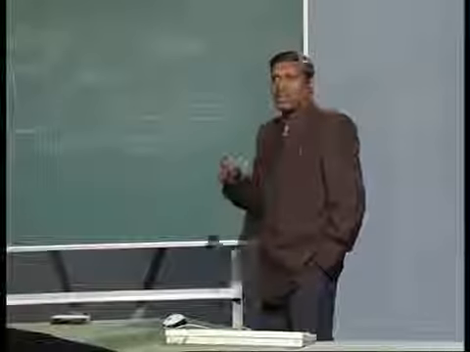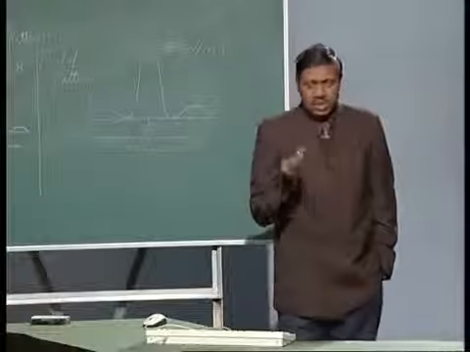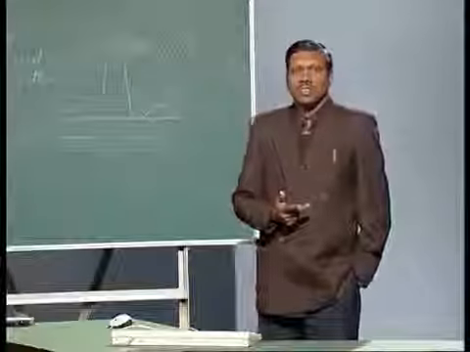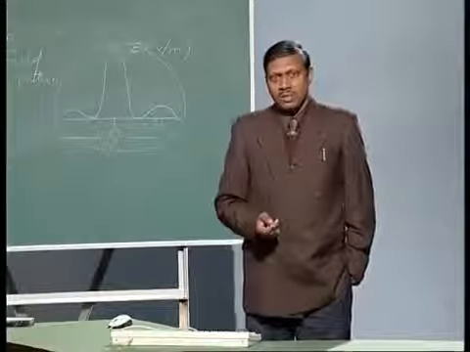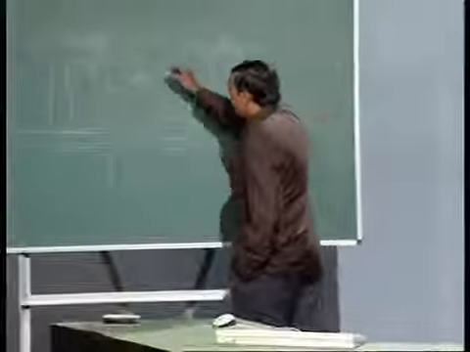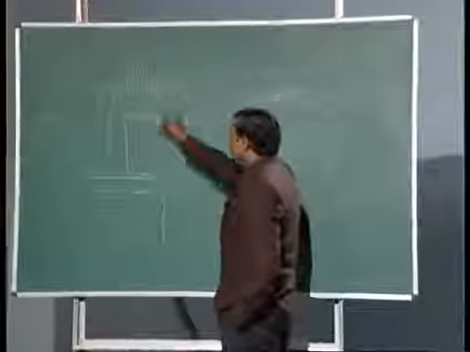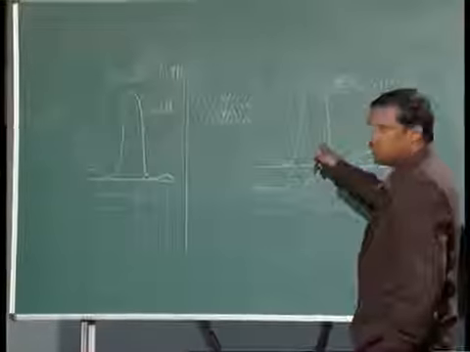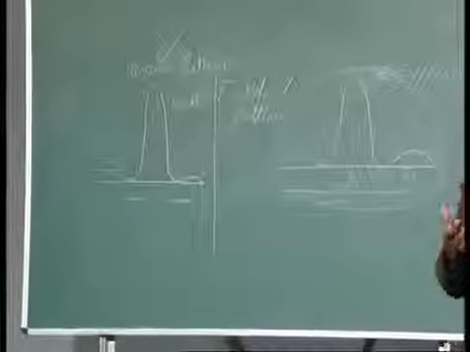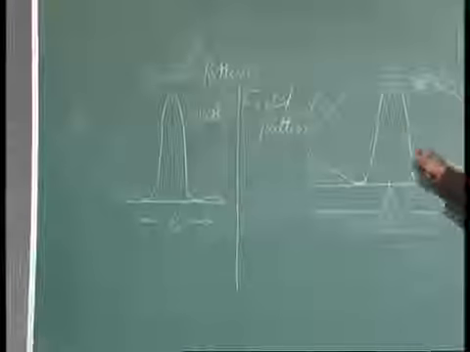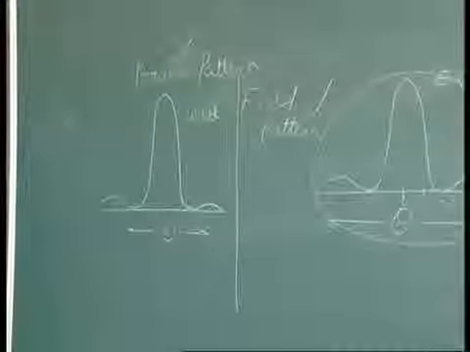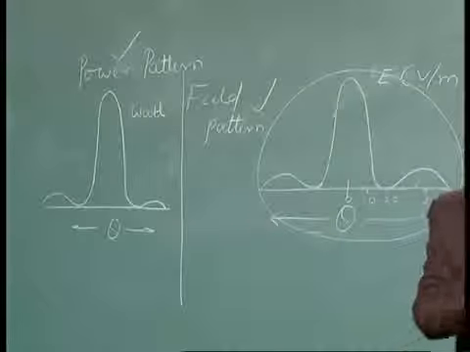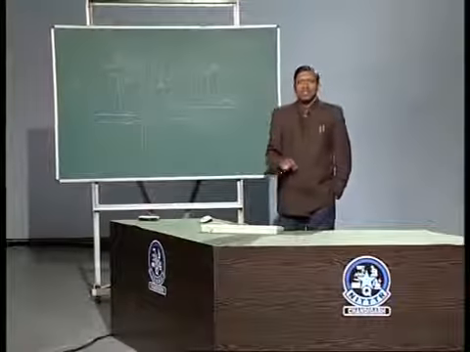Based on the quantifying factor, whether it is field or power, we classify radiation patterns into two categories. One is called the field pattern, another is called the power pattern. If our measuring device is a field strength meter, then obviously the reading will be in terms of volt per meter or volt per millimeter. So, obviously the graph which we get is angle versus the field intensity.